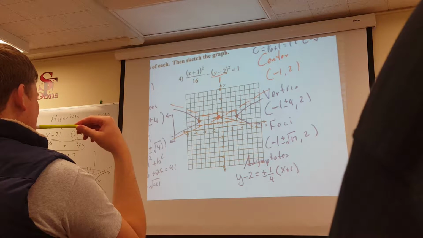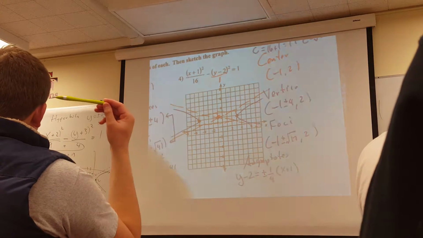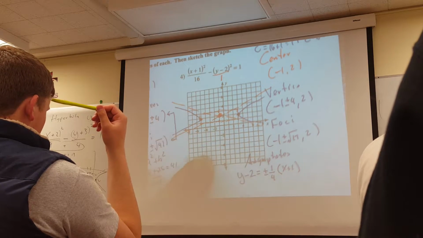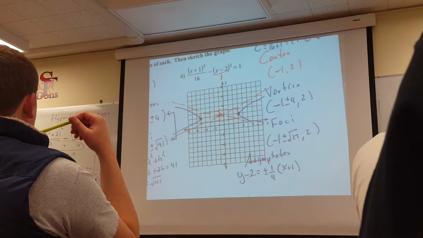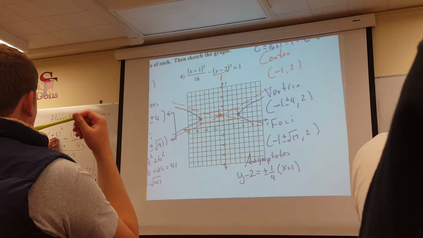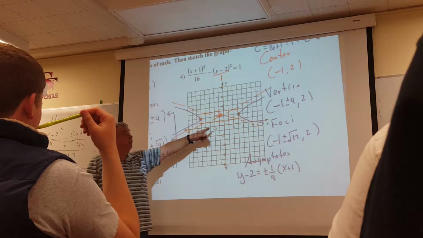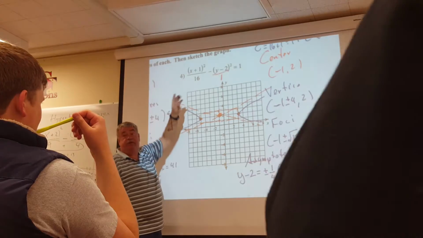Okay, now, on the test, you're going to have two parabolas, 2 hyperbolas, and 2 ellipses that look just like this. Now, one of these might be like we did last week where we didn't shift them. The center was at 0, 0, okay? So that means it's just x squared over 16, isn't it?